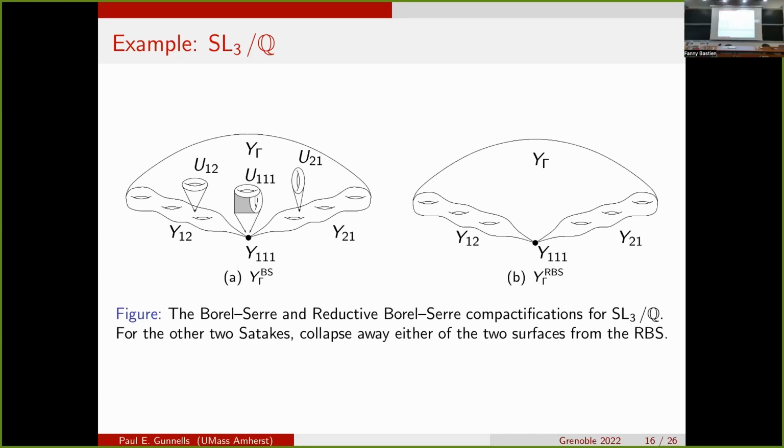So now that itself looks like a bundle over the Borel-Serre compactification of that modular curve. And the two, Y12 and Y21, are being glued together at this boundary, which is a three-manifold. So the whole boundary is still a four-manifold as it should be. It's like a four-manifold where along parts of it, you have distinguished three-dimensional things. Okay. Where it's glued together.